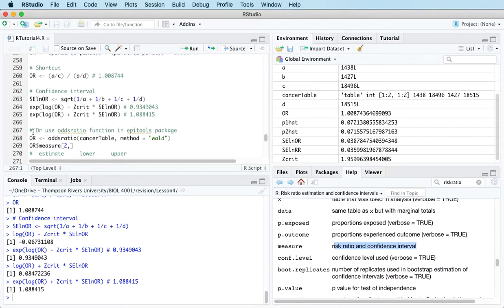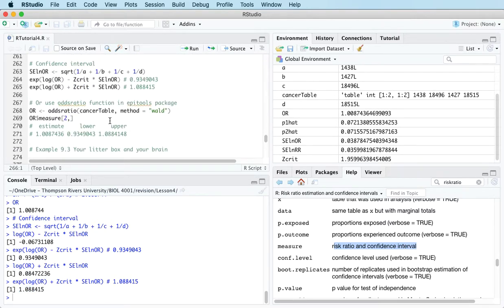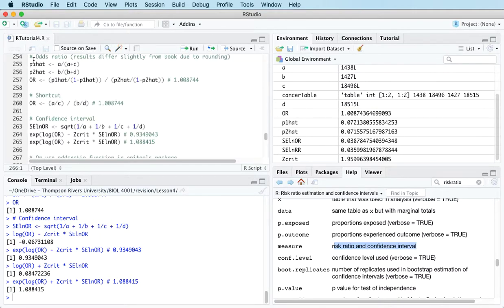We're using a critical value from a normal distribution for the 97.5th percentile, in other words 1.96, so we're talking about a 95% confidence interval here, and we could say we're 95% confident that the odds ratio in the population is between 0.935 say and 1.088. So that's how to calculate a confidence interval for the odds ratio by hand.